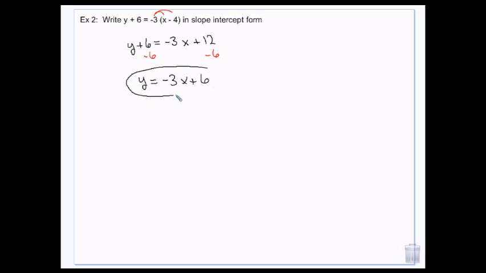And you're done. The point of turning it from point-slope form into slope-intercept form is that this tells me my y-intercept. That's the only benefit: now I know the y-intercept, whereas here I did not know the y-intercept.